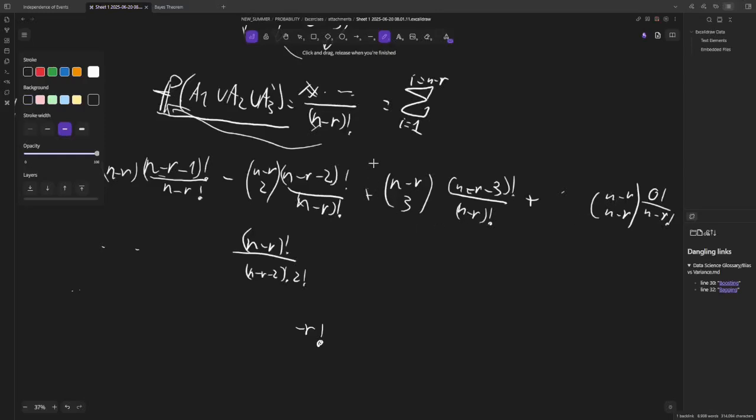And therefore, since all of these are 1 and just leave the number below factorial, it will be 1 over I factorial.